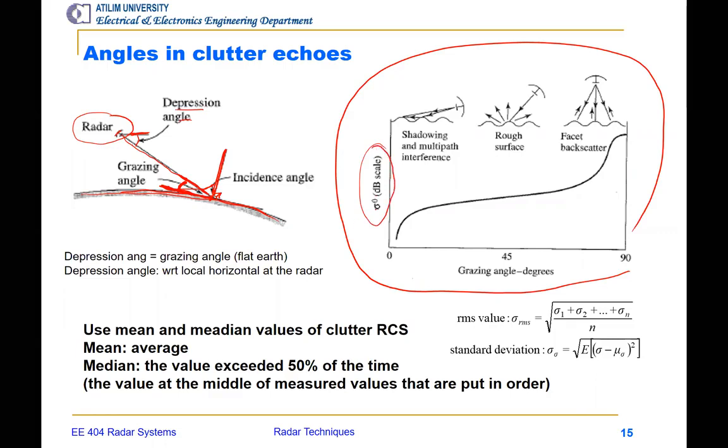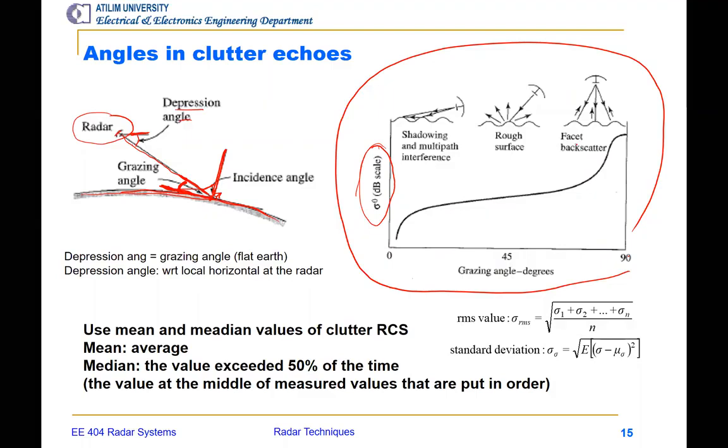So RCS is simply the scattering coefficient. There are several names for that. Just use reflectivity. Reflectivity, you see from 0 to 90 degrees, when it's shadowing and multipath, is quite small and it increases until we look at the surface from the top. So direct reflection, scattering.